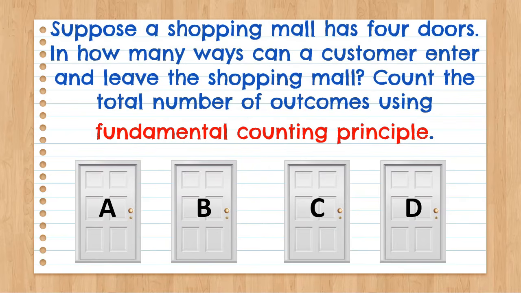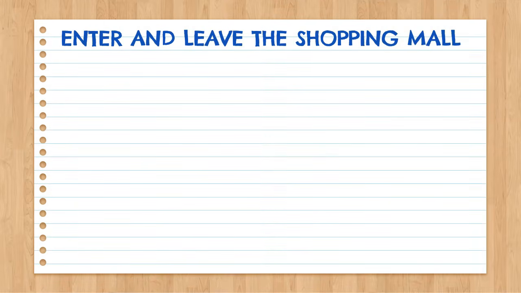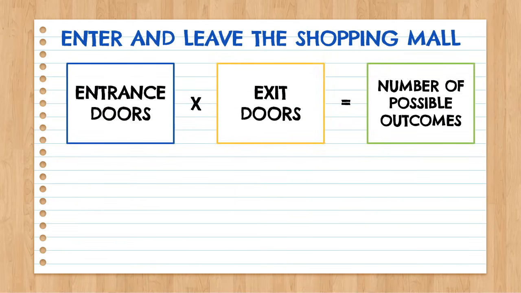We will use the same example as in systematic listing, but this time we will count the total number of outcomes using the fundamental counting principle. Let us find how many outcomes there are in this experiment. Let's start with the labels of the events. We have entrance door and exit doors, and their product is the total number of possible outcomes.